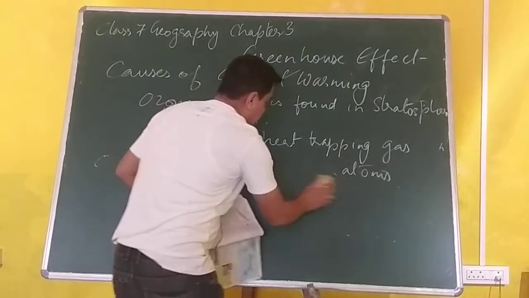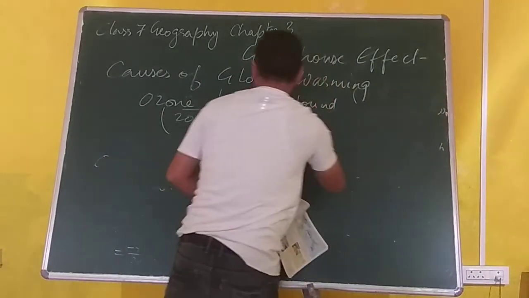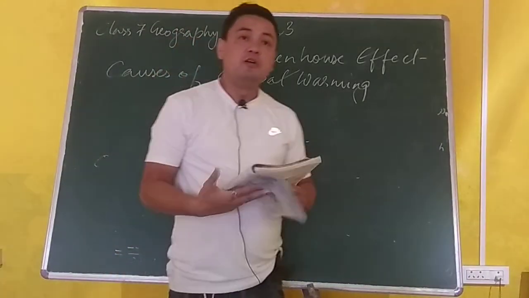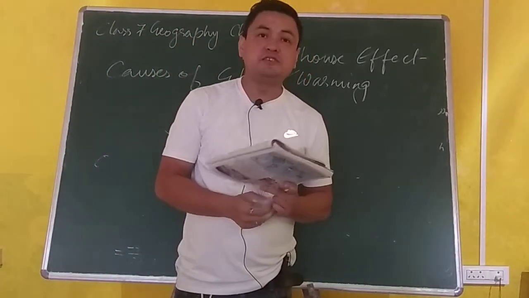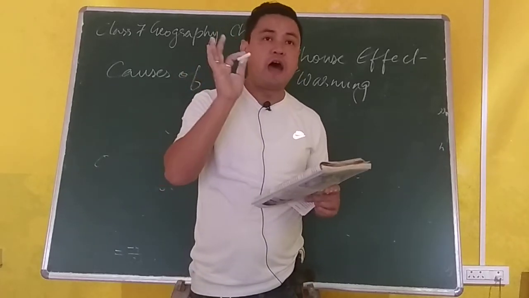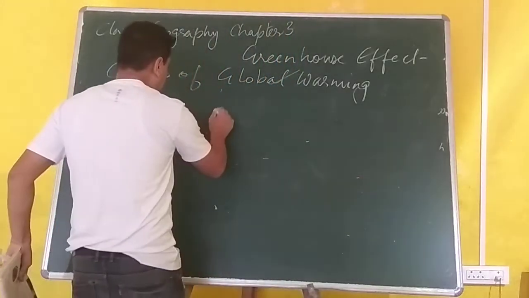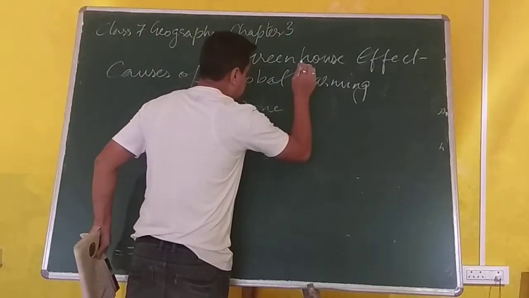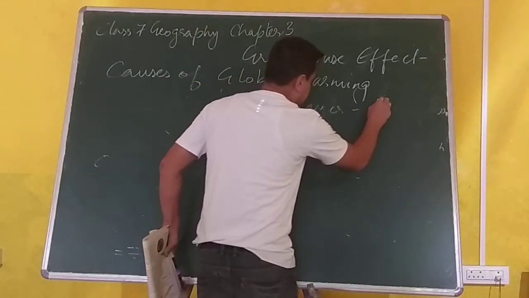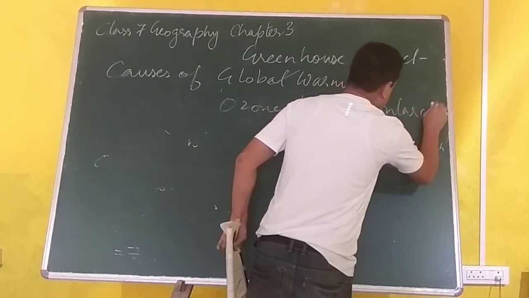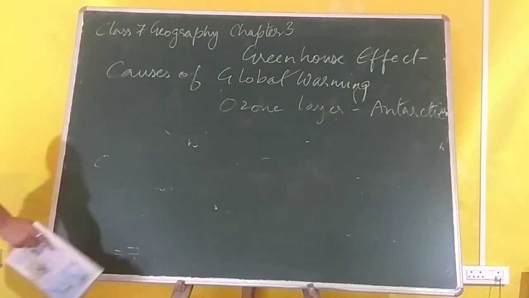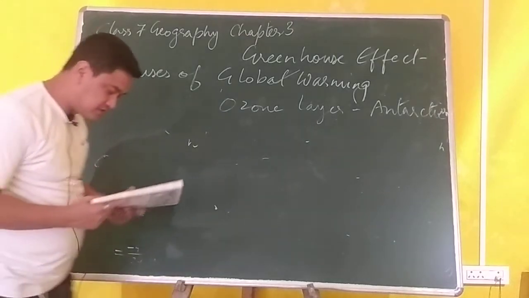But before going to that, we have to understand that scientists have found absence of the ozone layer in areas over and near Antarctic. So the ozone layer is becoming less and less, or there is absence of the ozone layer, in which place? In Antarctic regions.